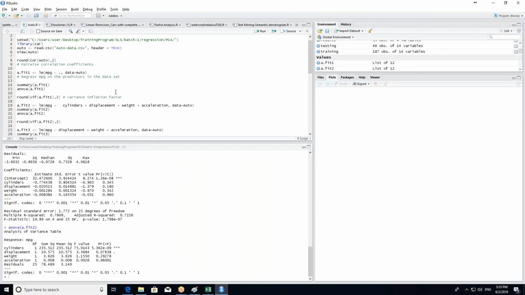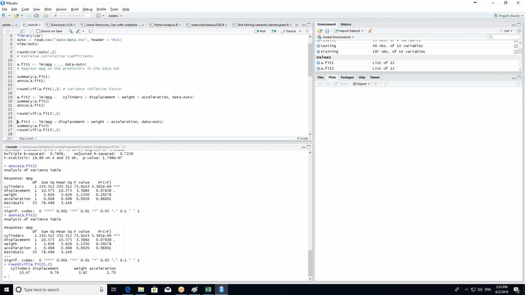Okay, so I got the fit, I can give the summary and draw my conclusion, right? So it says the acceleration is positively related, which is not true. Now I can summarize this.